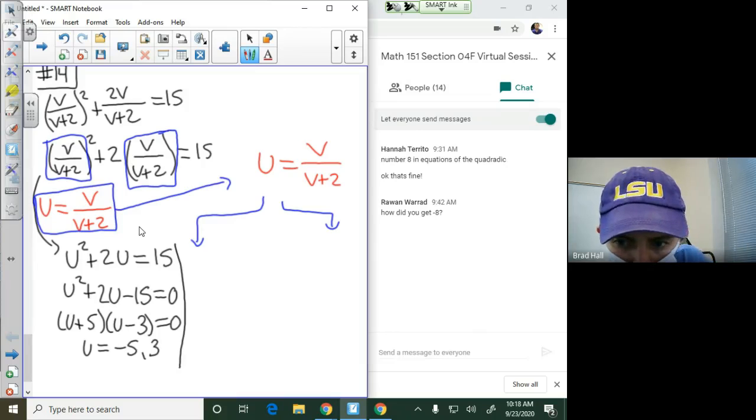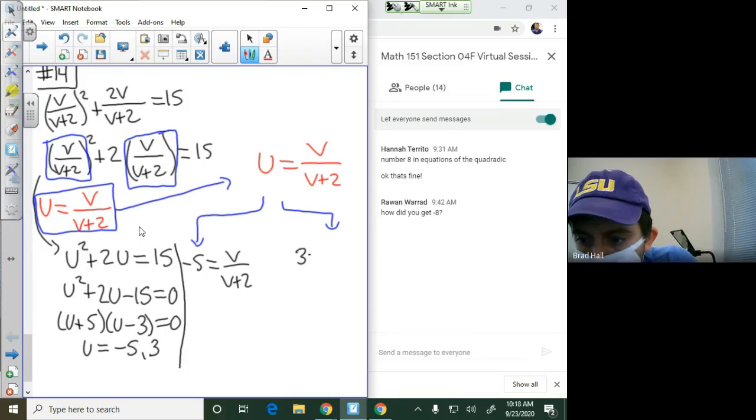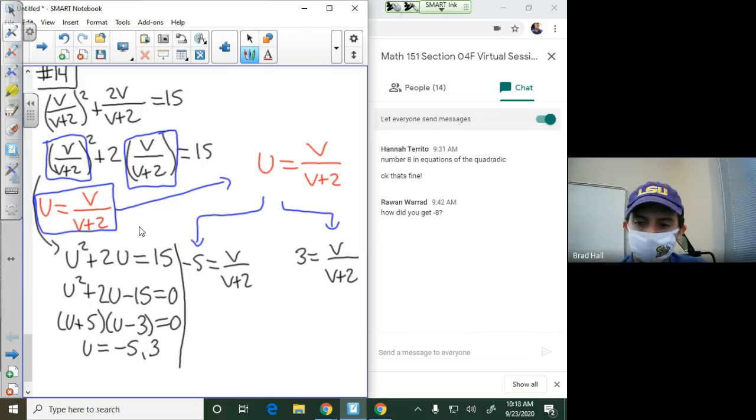One of the u values we found was -5. So now that's equal to v over v plus 2. The other one we found was 3. And we need to solve both of these.